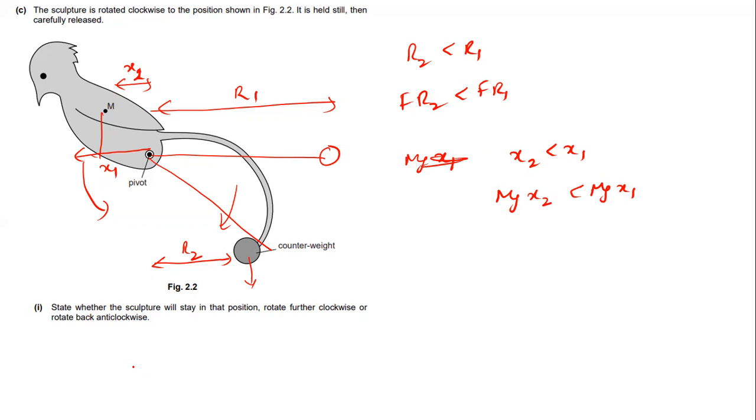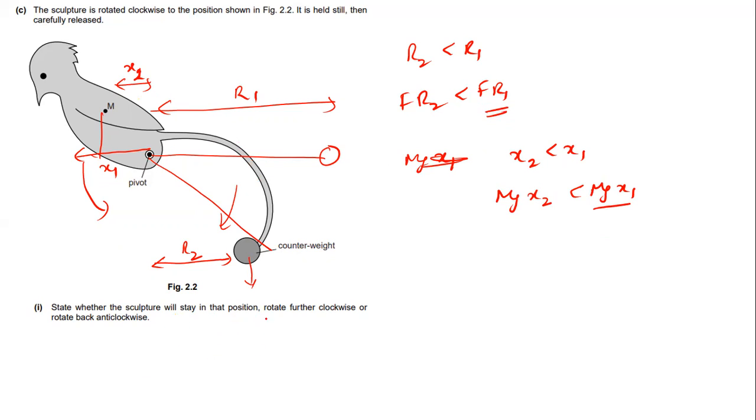Therefore, if these two moments, mg x1 and F R1, are unequal, it will go in the required direction. So here the statement is not very clear.